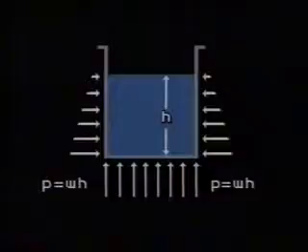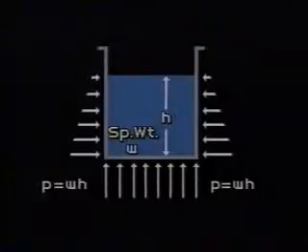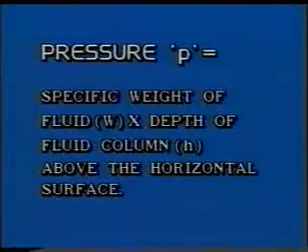The magnitude of fluid pressure on any horizontal or vertical surface at a depth h below the free surface depends on the depth and the specific weight of fluid, W, and is given by pressure equals specific weight of fluid into depth of fluid column above the horizontal surface.